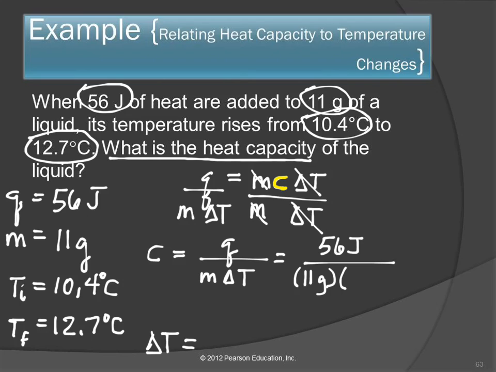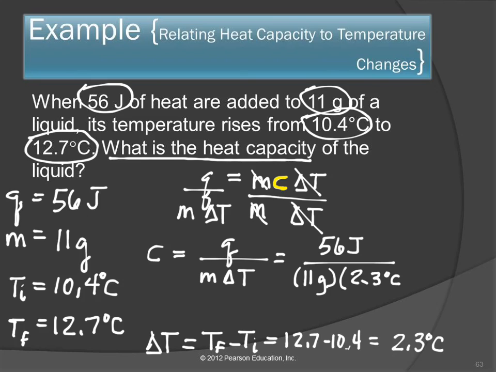Delta T is final minus initial. So 12.7 minus 10.4, and then it looks like 2.3 degrees Celsius. So that goes in here, 2.3 degrees Celsius.